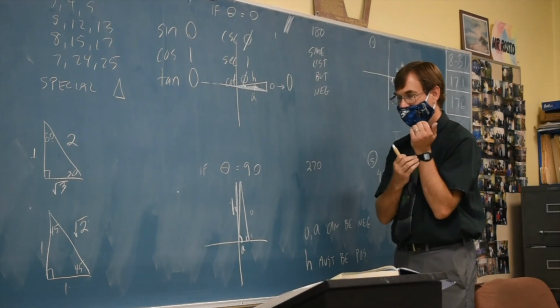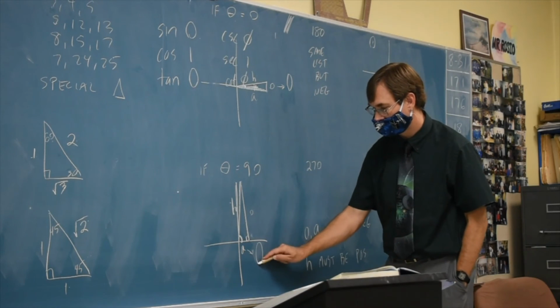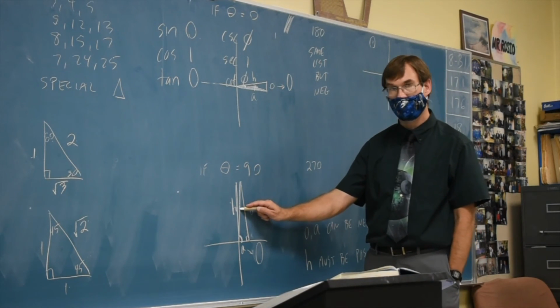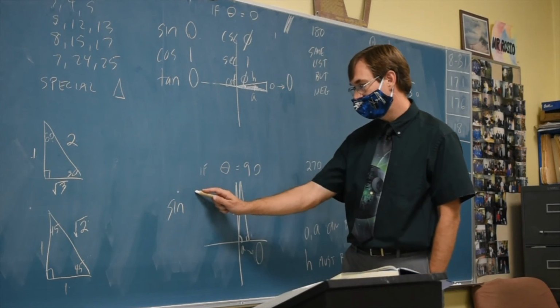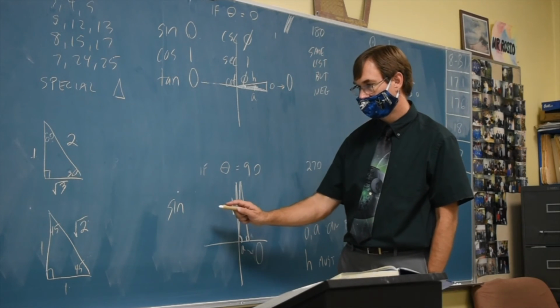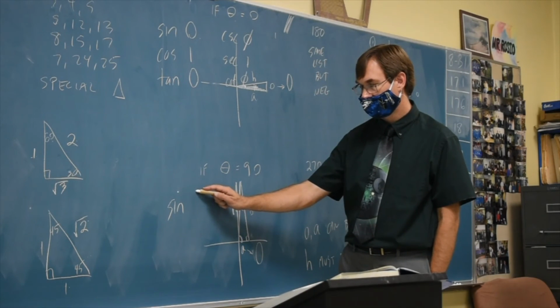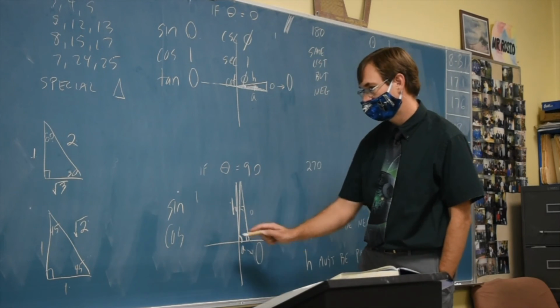So if we crushed it that way, who is 0? A. O and H would basically be the same. So sine this time is 1. Cosine is 0.